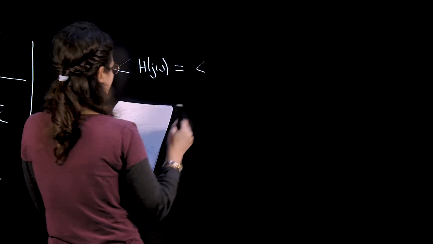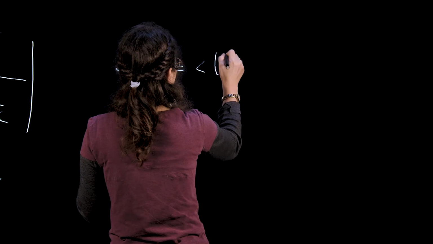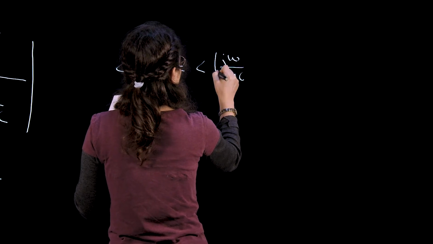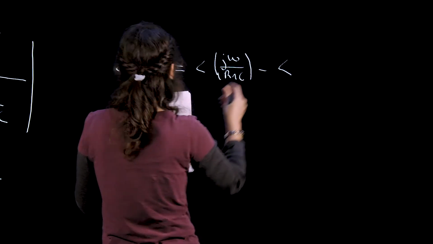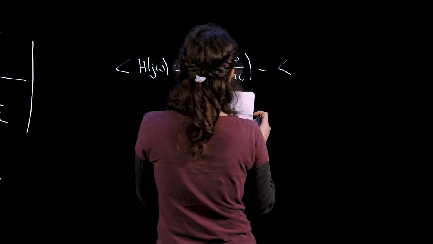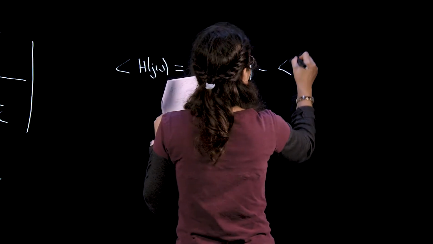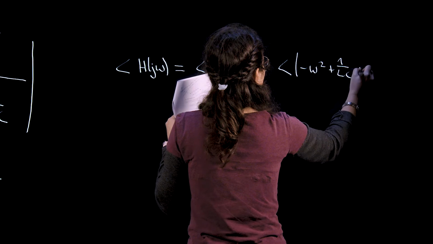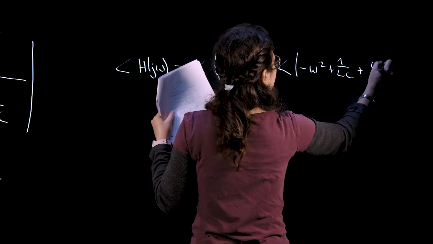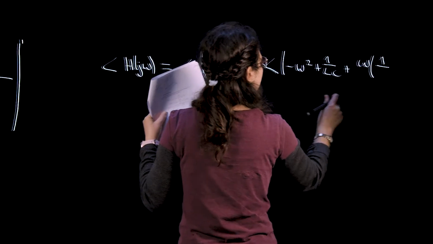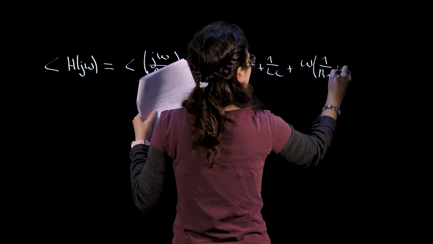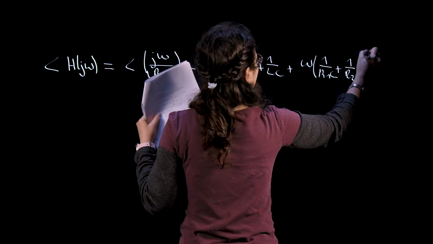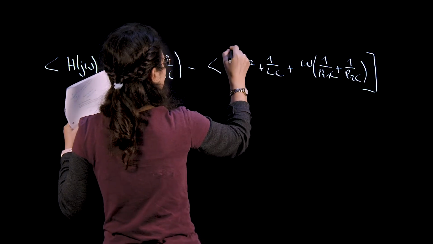The phase of the numerator, which is j omega over R1C, minus the phase of the denominator, which is, again, minus omega squared plus 1 over LC plus omega times 1 over R1C plus 1 over R2C. So it's all this phase.